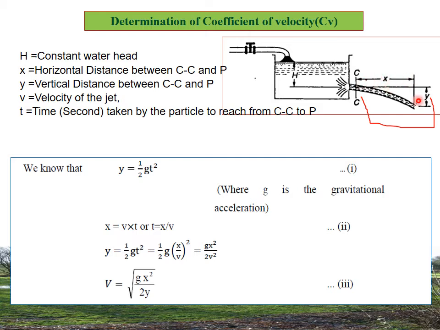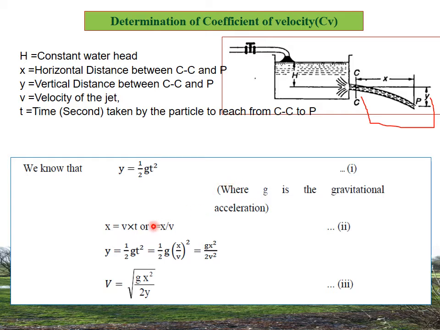This x is the horizontal distance between CC and P. This y is the vertical distance between CC and P. V is the velocity of the jet, and H is the constant water head. Why do I say constant water head? Because there is a continuous supply of water, so the head is always constant.